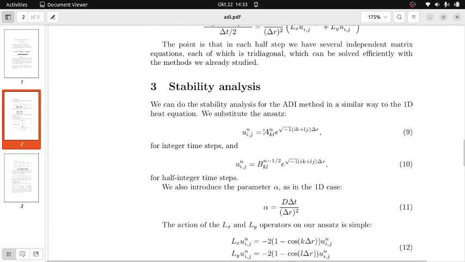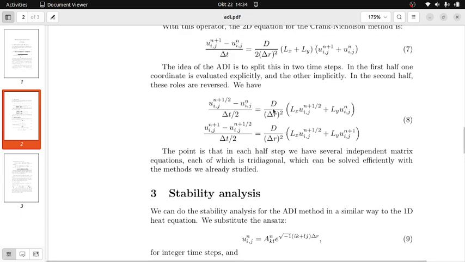We say that we have an exponent a for integer time steps and an exponent b for half integer time steps. And the idea is that if you have a frequency mode, it will grow at a rate in this x half step and another in this y half step.